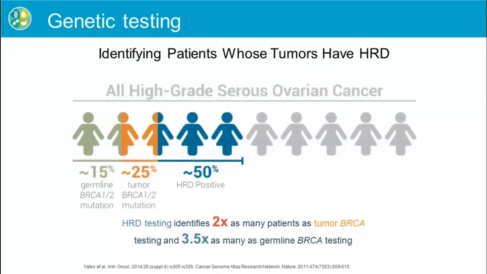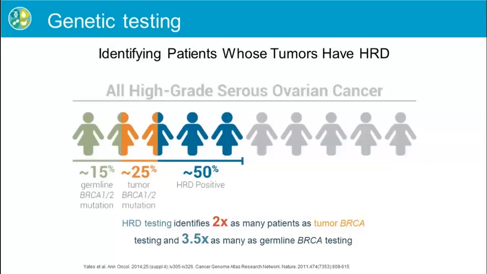And then in orange, another 10%, which takes us up to about 25%, will have a mutation in BRCA1 that's in the tumor, meaning it happened in the tumor, but it wasn't part of an inherited mutation. And then what you see in the blue is another 25%, which now takes us up to 50%, that have this characteristic called homologous recombination deficiency, or HRD.